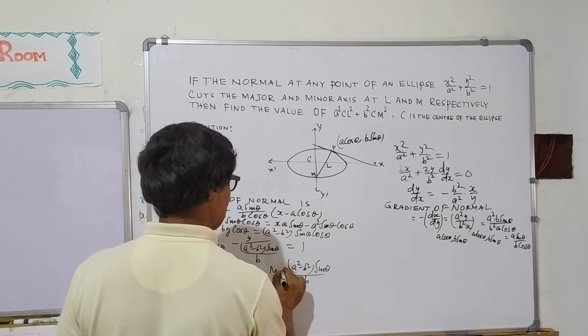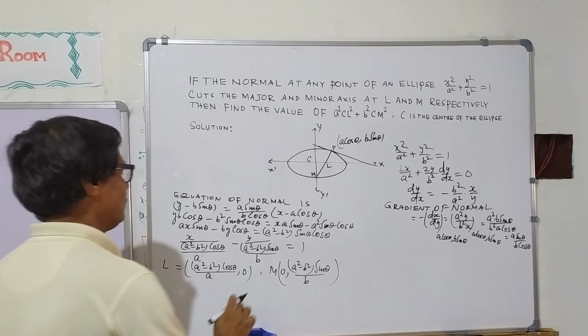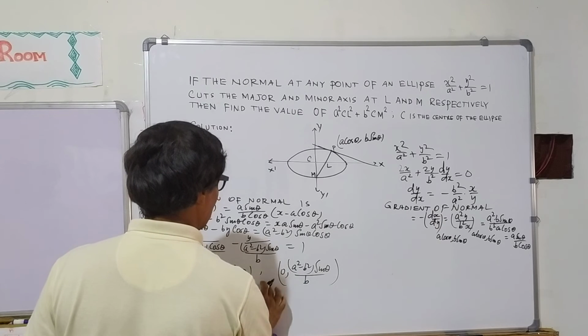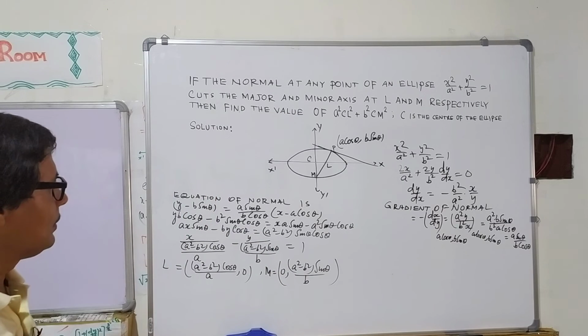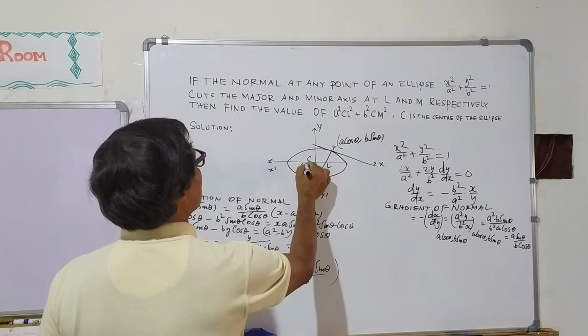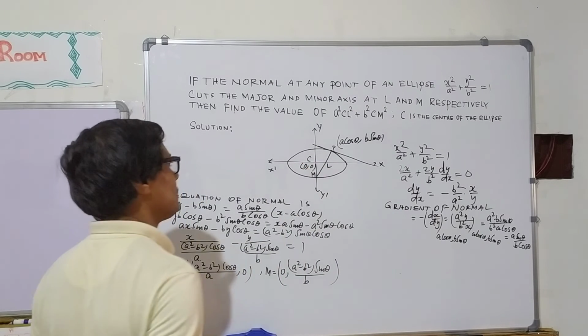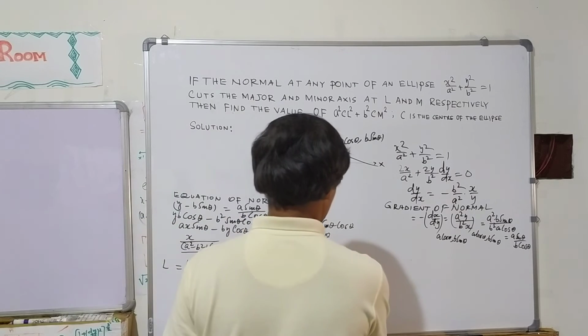These are the coordinates of L and M. The coordinate of C is the origin, that is 0, 0.